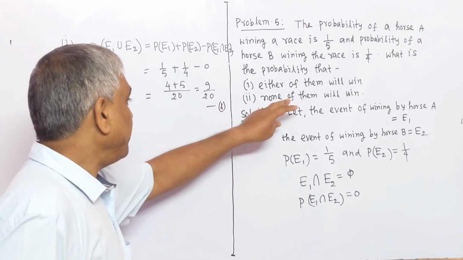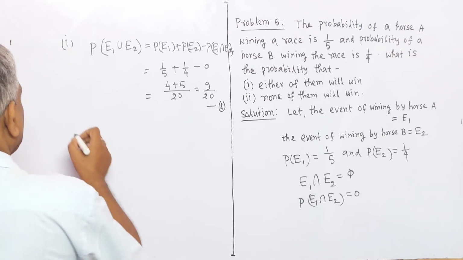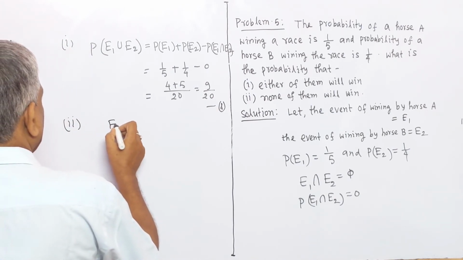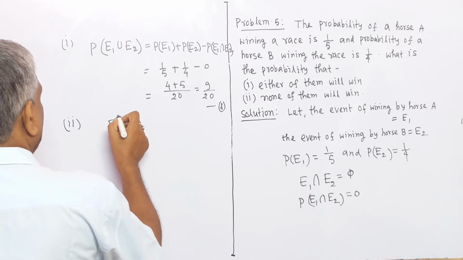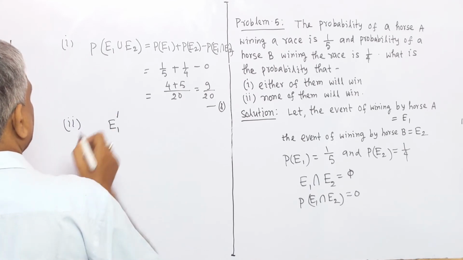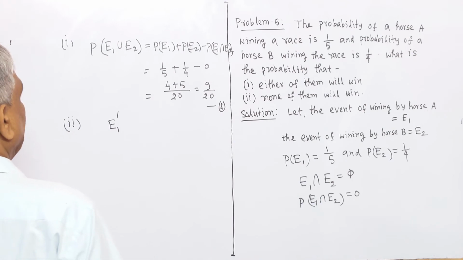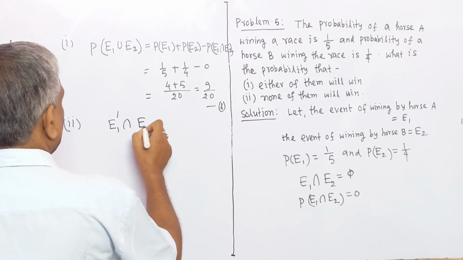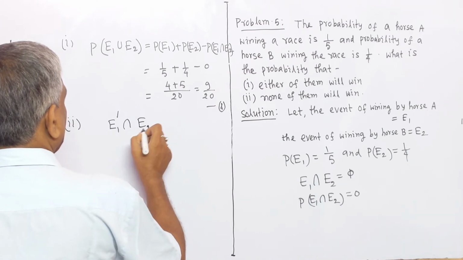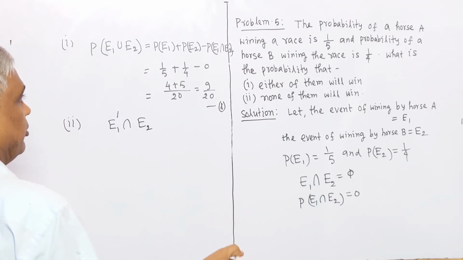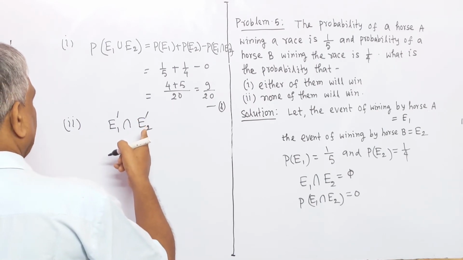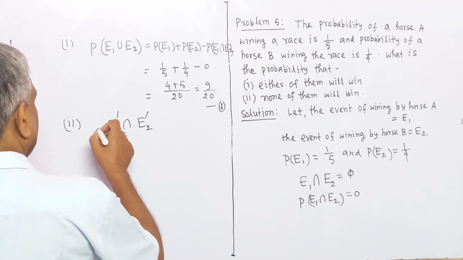Now none of them will win. Number 2 means E1 will not win, that means complement E1 prime intersect E2 prime, means horse B will not win at the same time.